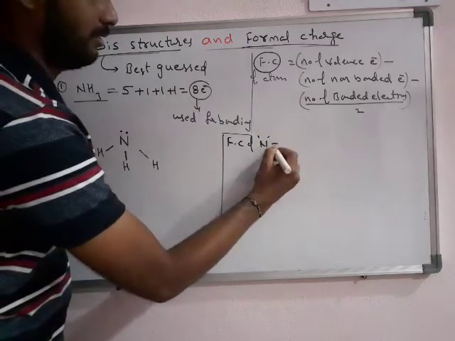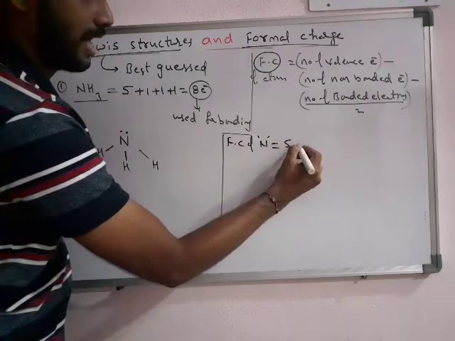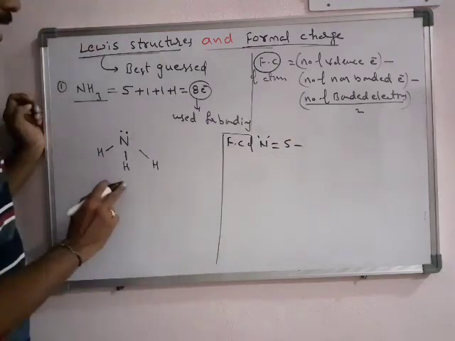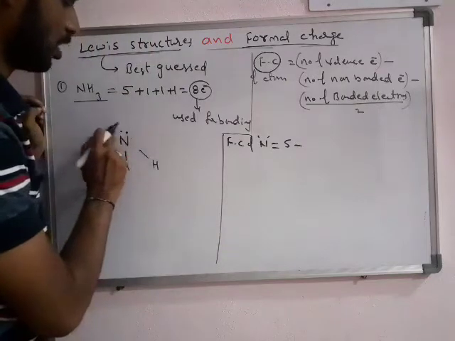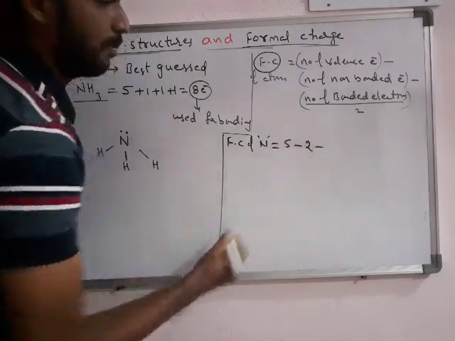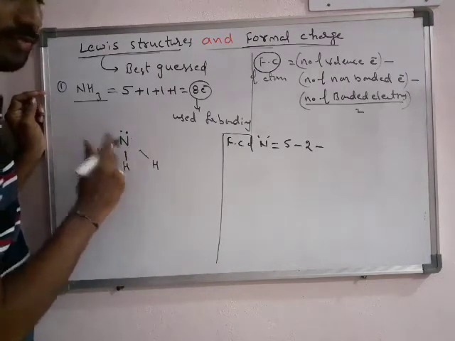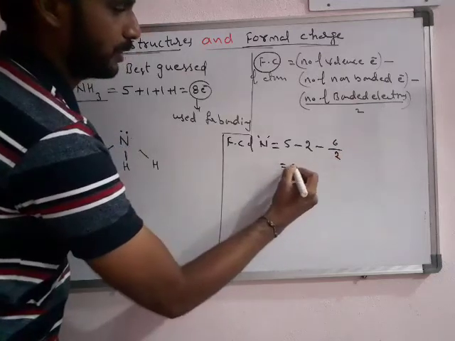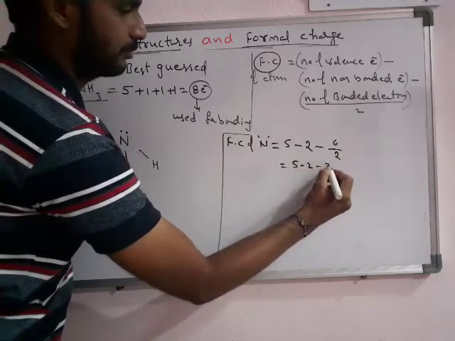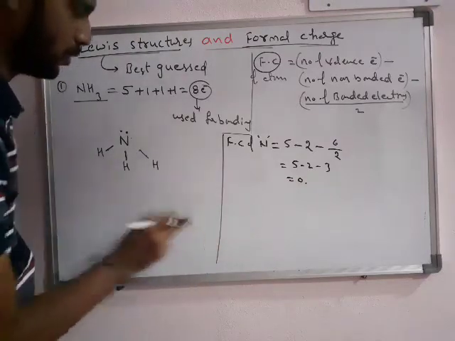The number of valency electrons: the nitrogen has 5 valence electrons, minus the number of non-bonded electrons. There are 2 non-bonded electrons. Minus how many bonded electrons? 1, 2, 3 bonds consist of 6 electrons, by 2. So that is equal to 0. The formal charge of nitrogen is 0 in ammonia.